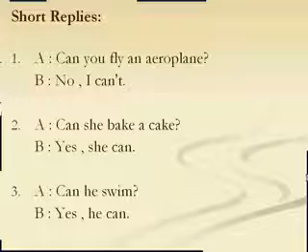Yes, he can. Now you already know, if you have done previous lessons, that we make short replies with the helping verb present in the same tense. Likewise, in case of modals, we do not choose any other helping verb instead of the modal verbs themselves, right? So we shall make short replies using the same modal verbs.